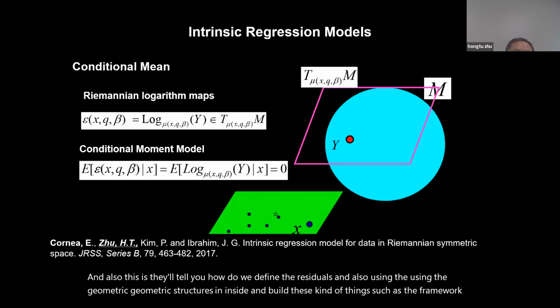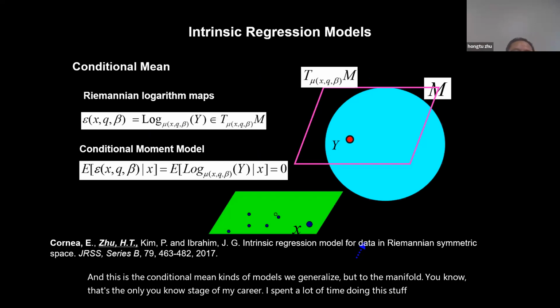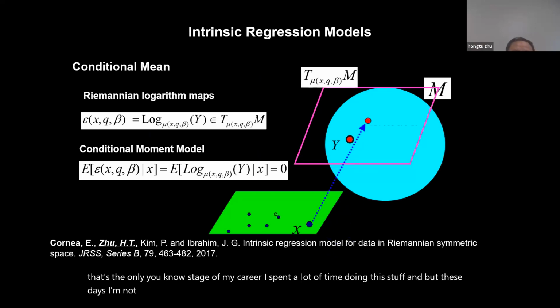This is the conditional mean kind of model we generalized to the manifold. That was the early stage of my career. I spent a lot of time doing this, but these days I don't do that much.